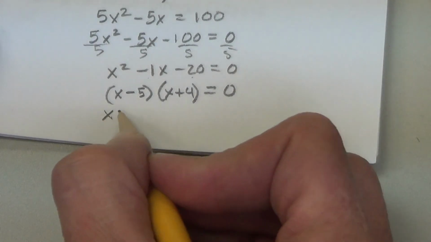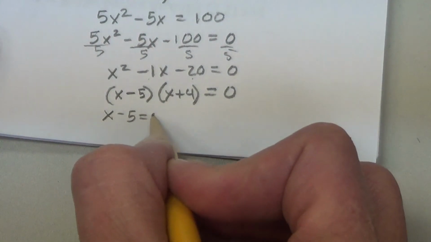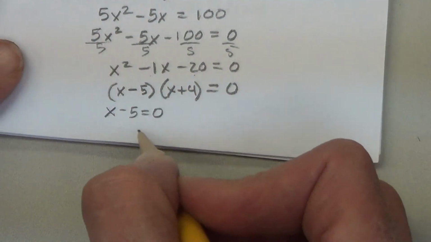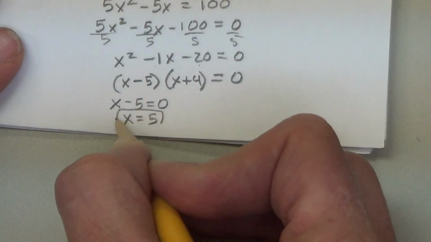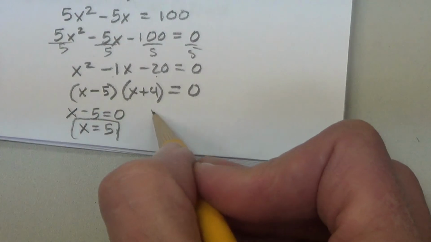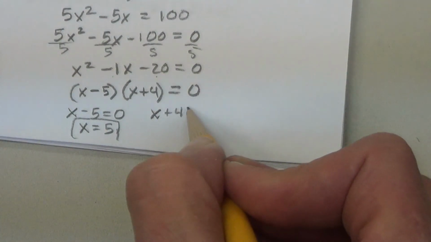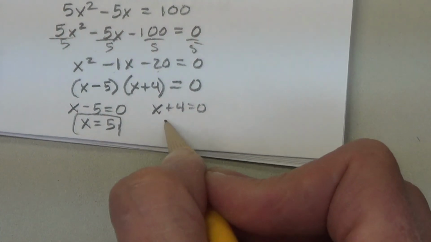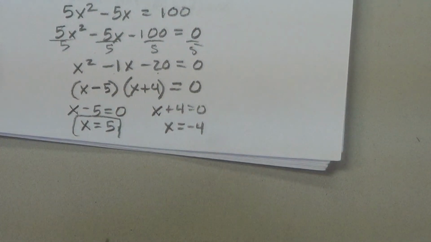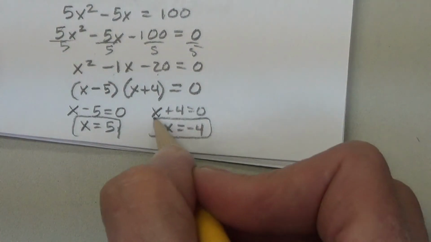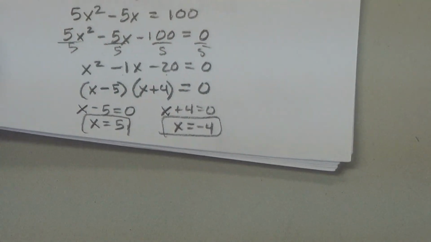x minus 5 equals 0. That's only going to happen when x equals positive 5. x plus 4 equals 0. That's only going to happen when x equals a negative 4. So now we need to go back up and decide which of these might be extraneous.